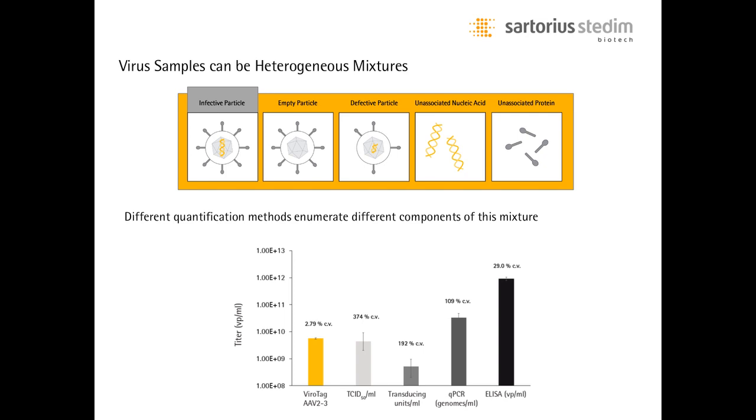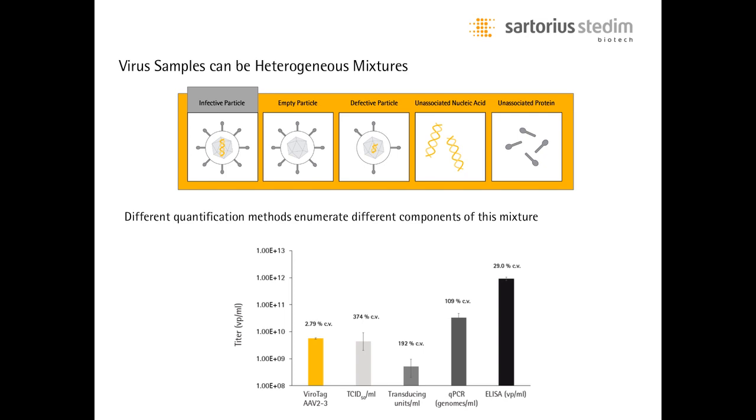Here we use the virus counter technology, in orange, to enumerate total virus particle counts, while TCID50 and transducing units are methods that look at infective particles only. That is why these always titer lower than our total particle count. qPCR and ELISA, here on the right side, measure virus components such as nucleic acid or viral proteins and derive the virus concentrations from these building blocks.